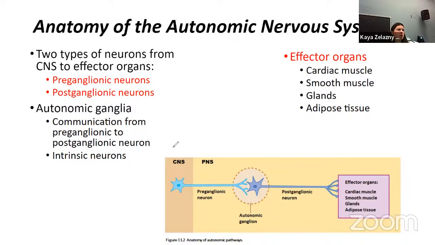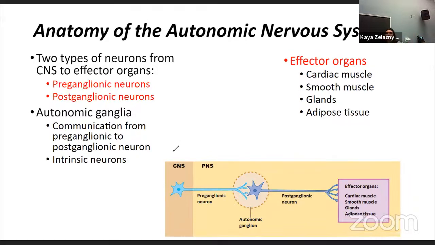So as we're taking a path to an effector organ, say we're going to the heart, we're going to have a preganglionic neuron that starts in the central nervous system, so either in the brain or the spinal cord. It's going to branch out. Its axon is going to extend into the periphery, so it's leaving the spinal cord. All right, that's our preganglionic neuron.